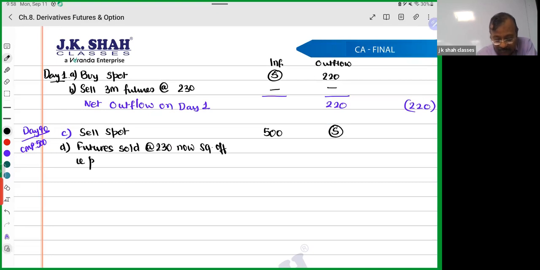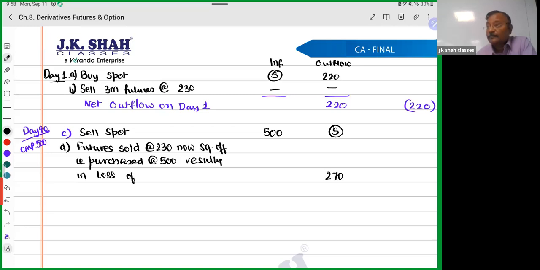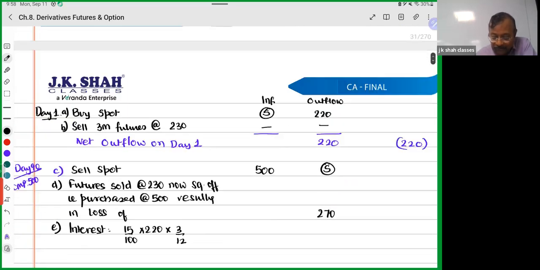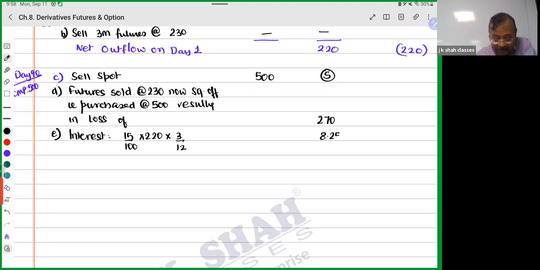That is purchased at 500, resulting in a loss of 270. अच्छा, फिर इंटरेस्ट, सॉरी, 15% of 220 for 3 months. कितना था ये? 8.25, that is outflow.